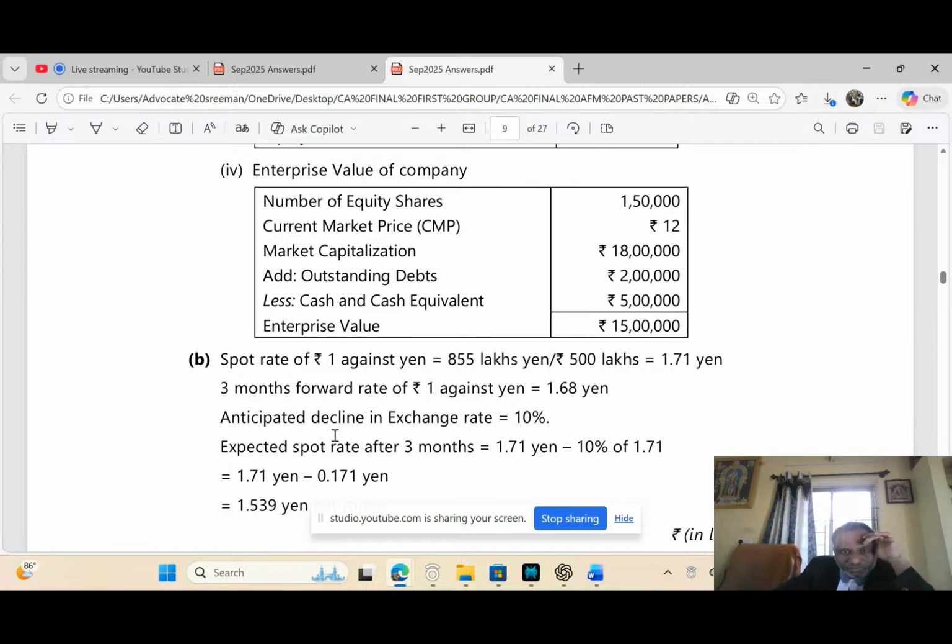And 3 months forward rate: 1 rupee against 1.68 yen.